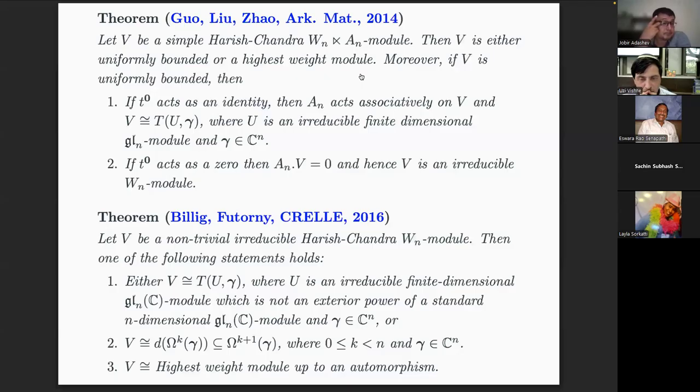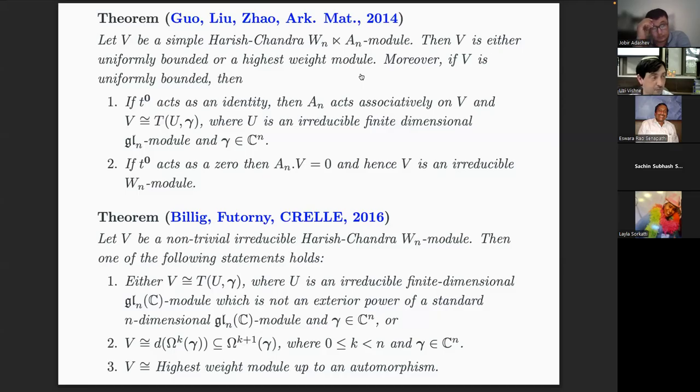The main problem here was the uniformly bounded case, where the key invention was the so-called AN cover, which was crucial to prove that the only uniformly bounded modules are the tensor modules with the support given by Mazorchuk and Zhao.